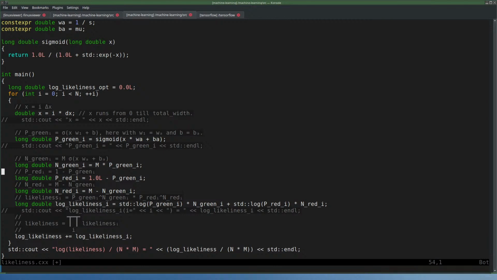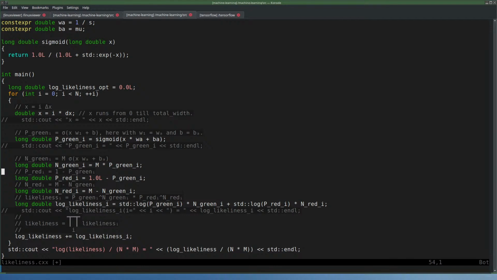Probability to be red is just 1 minus probability to be green, because you don't have blue. Just kidding. And that is also trivial. I mean, the number of red ones is m minus the number of green ones, which makes the total exactly m, but we do have a bias here.